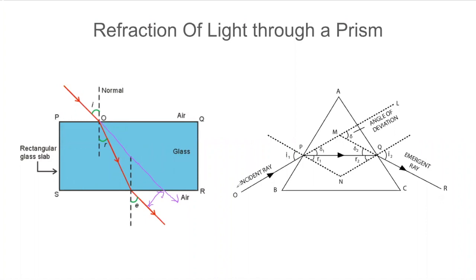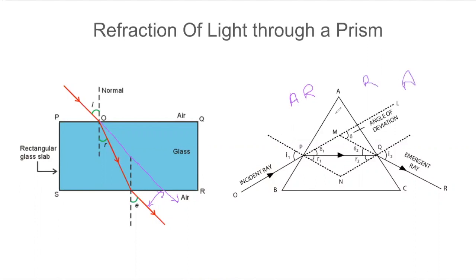But in a prism, what happens? These two surfaces are inclined because it's a triangle. Then what happens is incident ray. This is air, that is rarer medium. This is also air, also rarer medium.